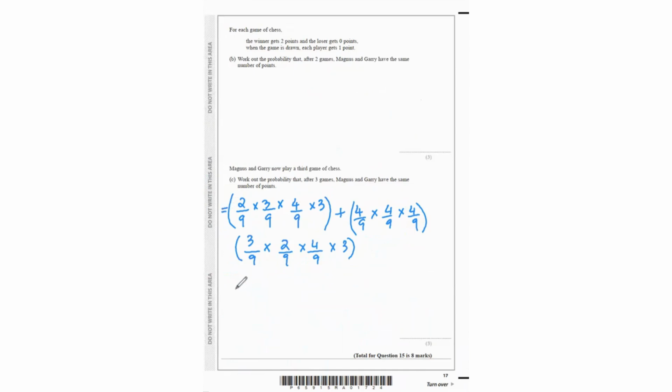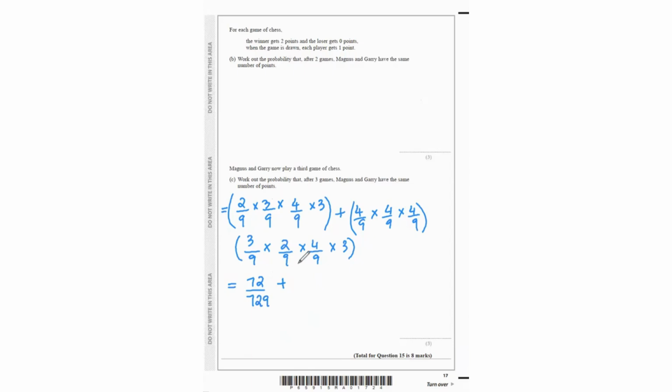So again, 3 possibilities for that as well. 3 out of 9 times 2 out of 9 times 4 out of 9, and then times 3. So these are the 3 different ways in which they can have an equal number of points after the third game as well. Now let's solve this to find the final answer. So that's 2 times 3 times 4, and again times 3. That's 72 out of 729.